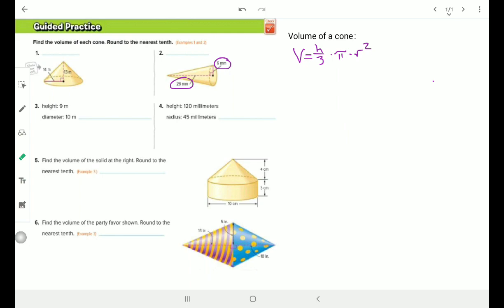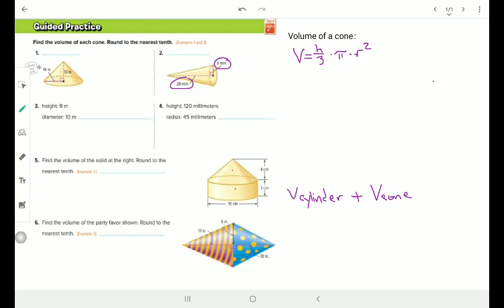Okay. And then 5 and 6, those are those composite shapes where you have to find multiple volumes and add them together. Like on number 5, you're given the cylinder on the bottom part and a cone on the top part. So you have to find the volume of the cylinder and add it to the volume of the cone, and then that will give you your answer.